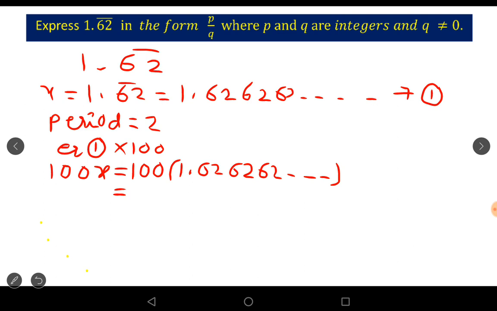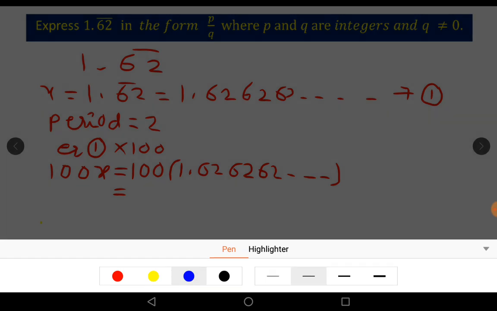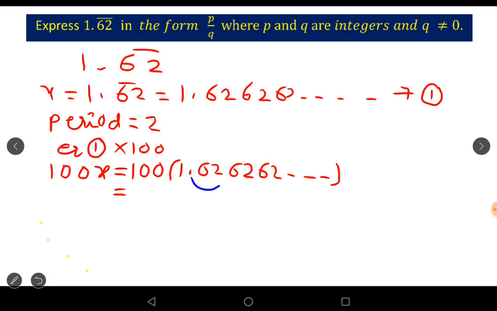Divide, left side move; multiply, right side move. So the decimal point moves 2 places to the right: 162.62. Okay students, this is equation 2.